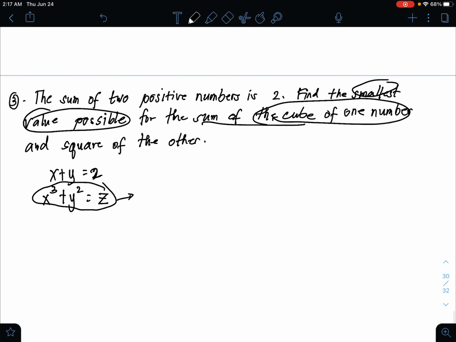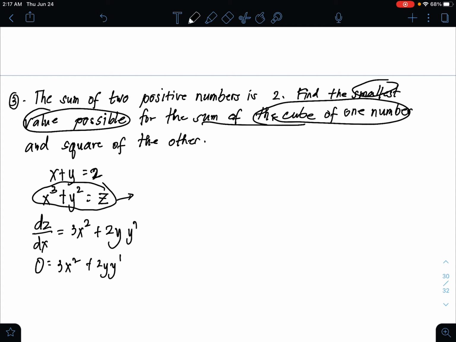Deriving with respect to x is 3x squared plus 2y dy over dx, or y prime. Okay? Then equate this to 0. Why did we derive it directly?